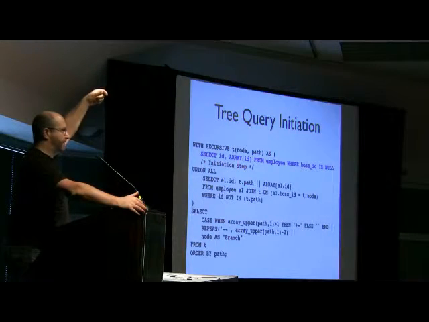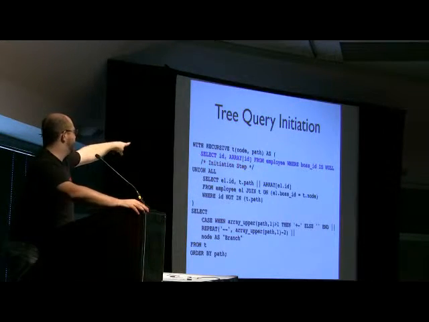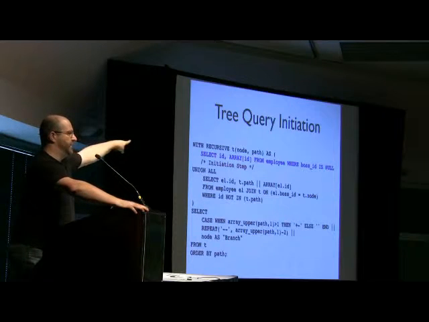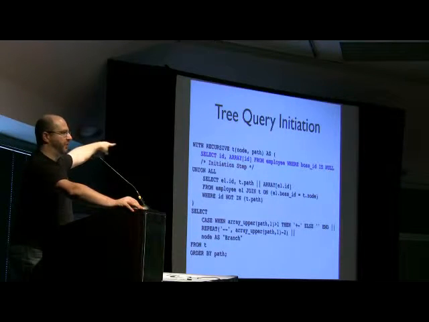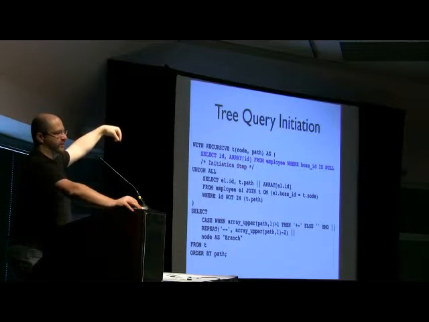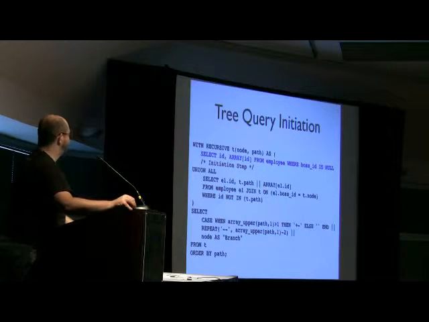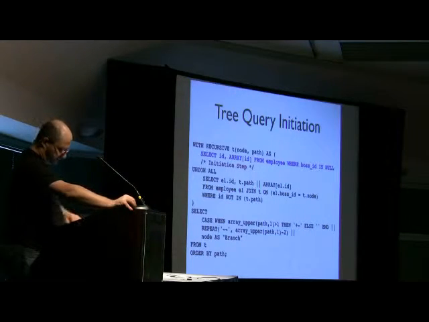So this is the top of the tree. And then we just find the ones where boss is null. So we want a forest, which consists of those which are the top bosses. Everybody clear so far? Okay, so that's our initiation.